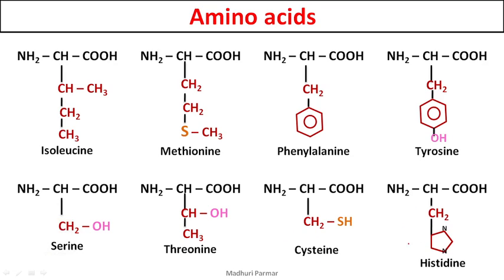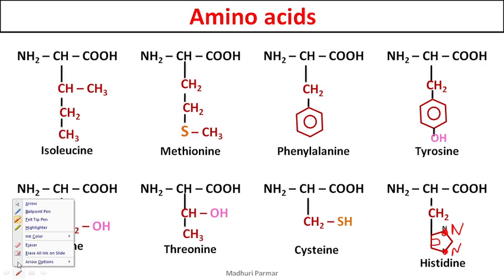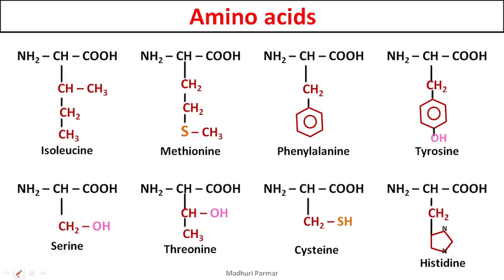Let us say this is the house, it has this entrance, right? And at the ends, let us say there are windows. These windows are the places where nitrogen is present. Clear? So histidine has this heterocyclic ring. Heterocyclic meaning it has carbon as well as nitrogen in its ring.